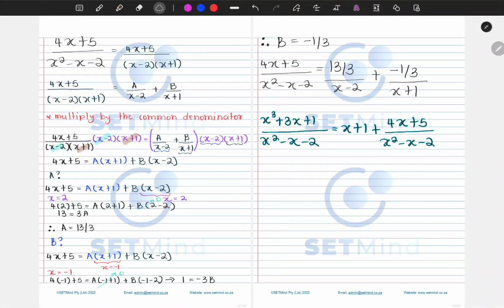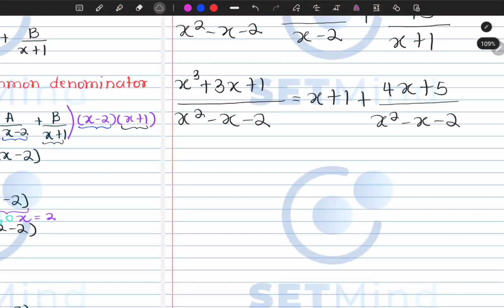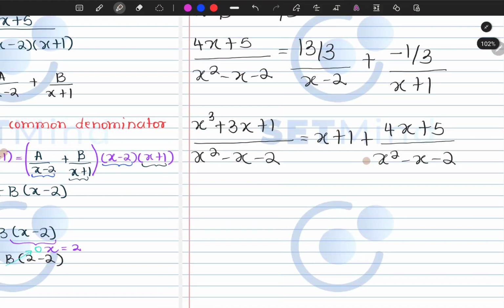So remember, we're dividing those. We first did long division. Now what we have is this portion. We now have found it there.